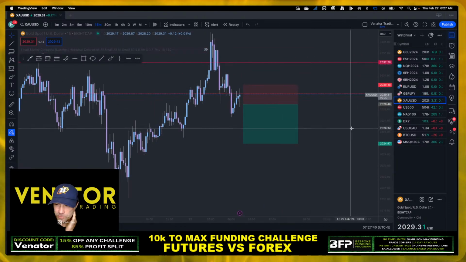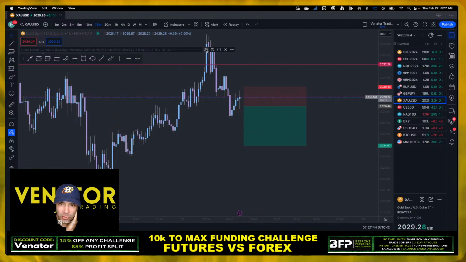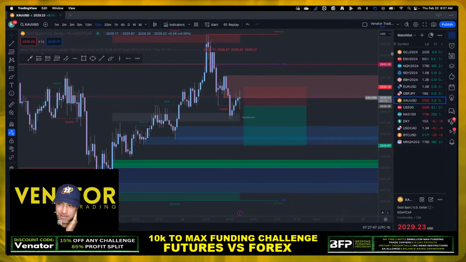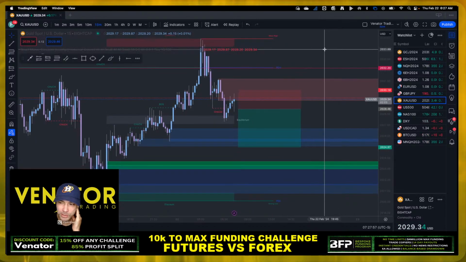Fair value gaps is what I mark up most on my charts. But it's nice to see all of the other things that are happening in price. All of the different information can give you more. Sometimes more information is bad, and sometimes more information can help clarify.